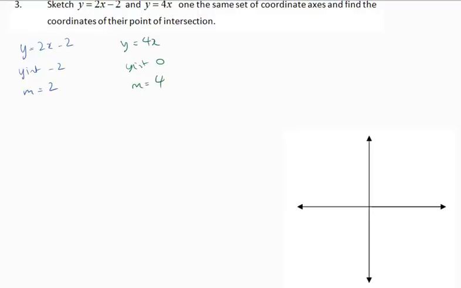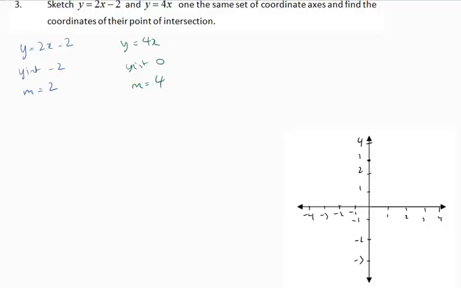So we'll draw these on. Minus 1, minus 2, minus 3. Here we want 1, 2, 3, 4, 1, 2, 3, 4, minus 1, minus 2, minus 3, minus 4 here.